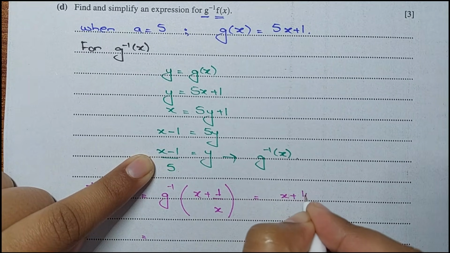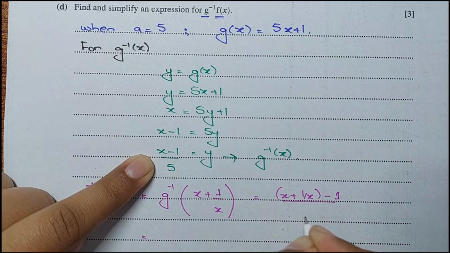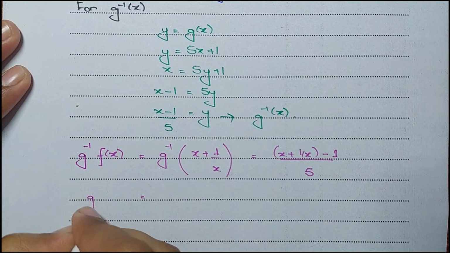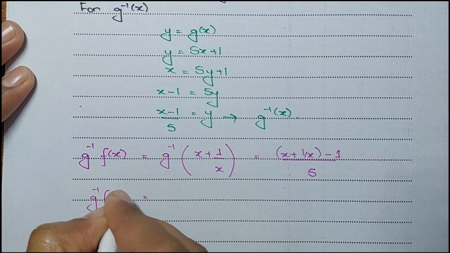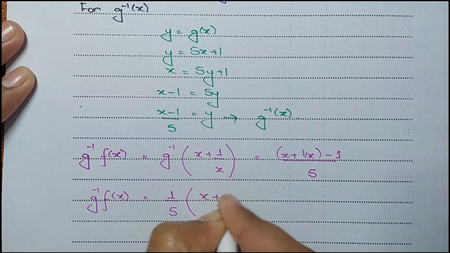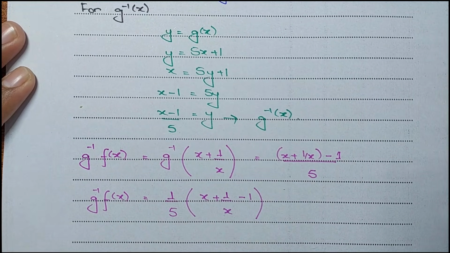So x plus 1 over x minus 1, divided by 5. Or the simplified expression for g inverse f of x is 1 over 5 outside, times x plus 1 over x minus 1. That is the simplified expression.